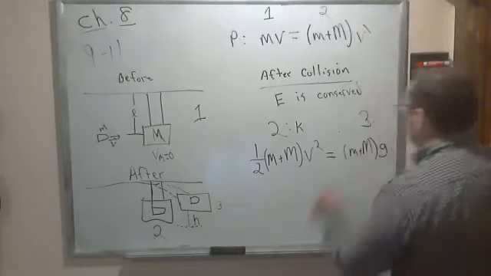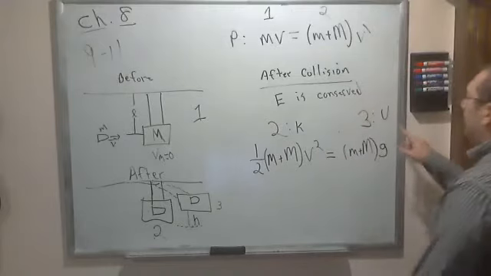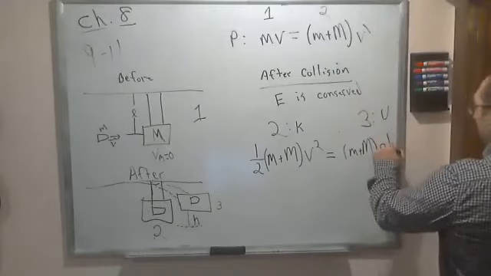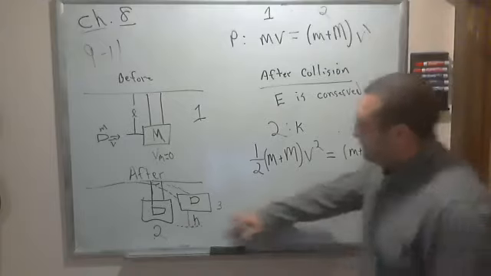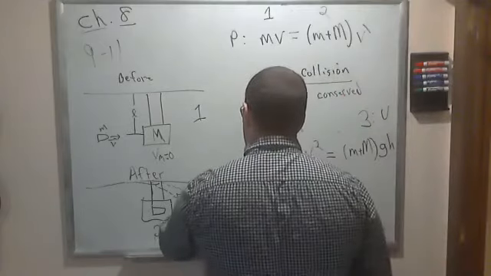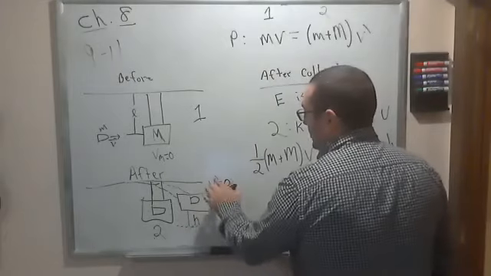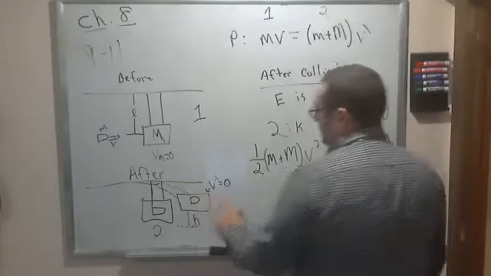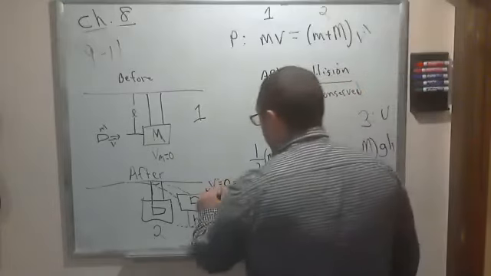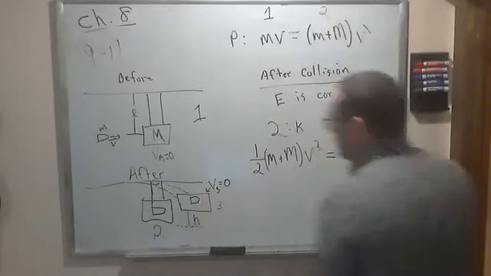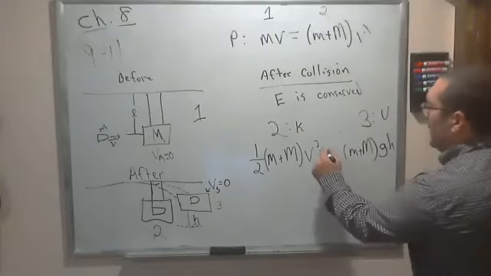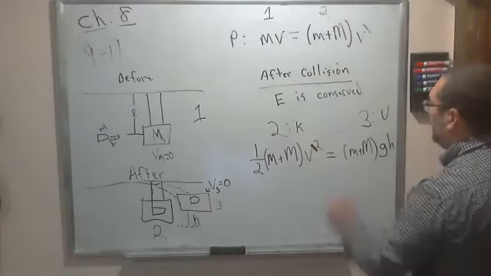All the energy is in its potential energy, and the velocity is 0. V prime is 0 at this point, or I should write V3. And then this is what we call V prime.